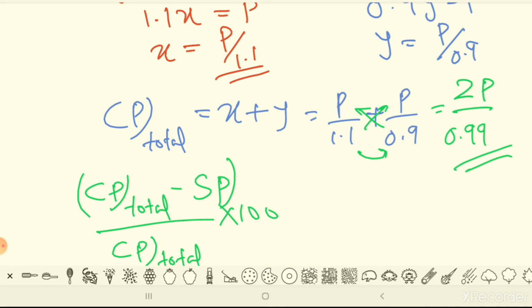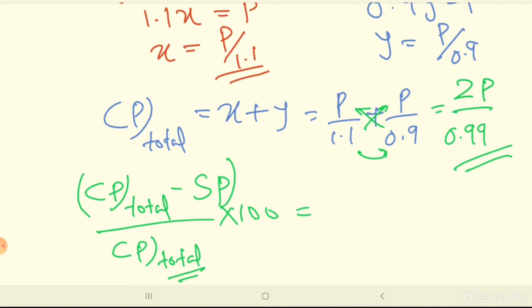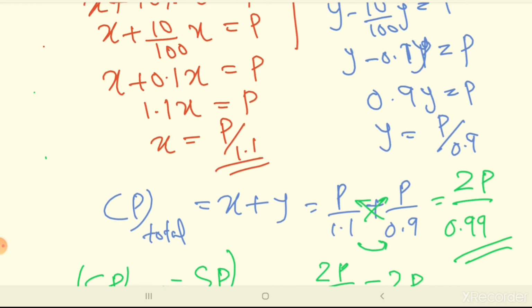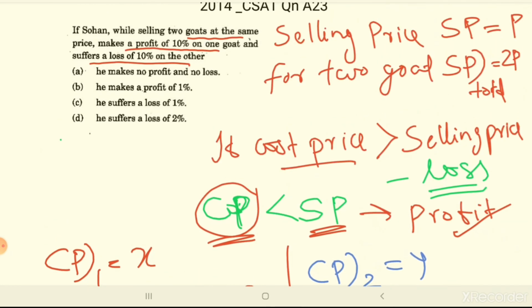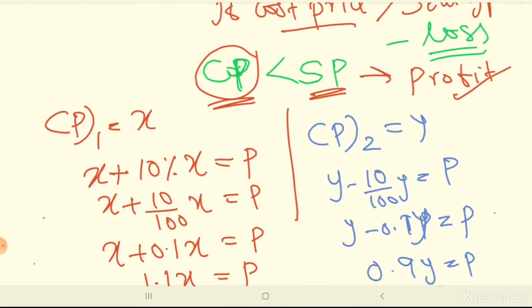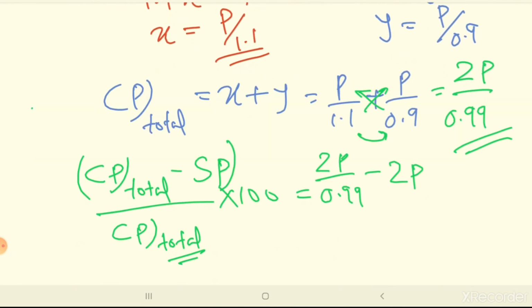So here we know cost price equal to 2P divided by 0.99, and the total selling price equal to 2P, divided by total cost price.